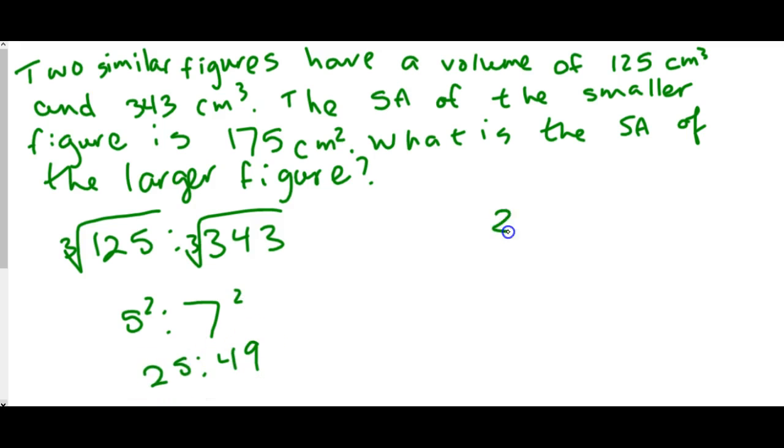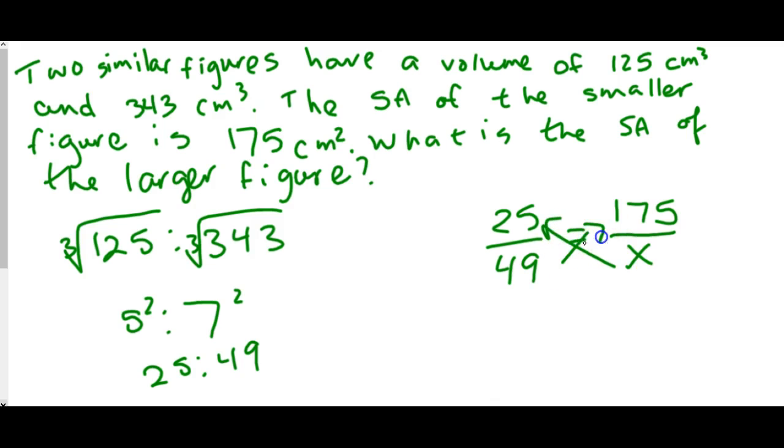So that would be the first part of our fraction. It gives us that the surface area of the smaller figure is 175. So that's what we put on the top. Since 25 is smaller than 49, smaller figure on top, larger figure that we're looking for on the bottom. And then we multiply. 25 times x is 25x.